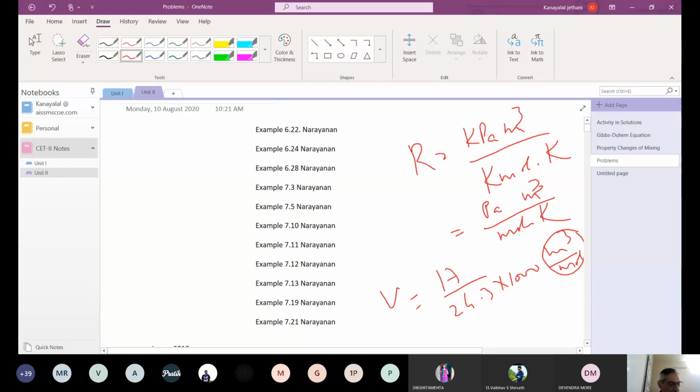What is in the book should not be kilomole, it should be moles. Then it is correctly matching. Pressure in Pascal, volume in cubic meters per mole, and temperature in Kelvin.